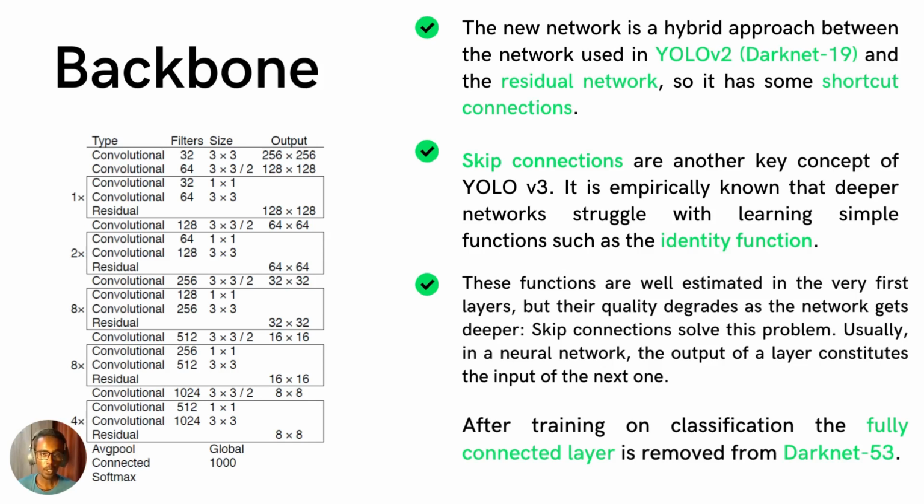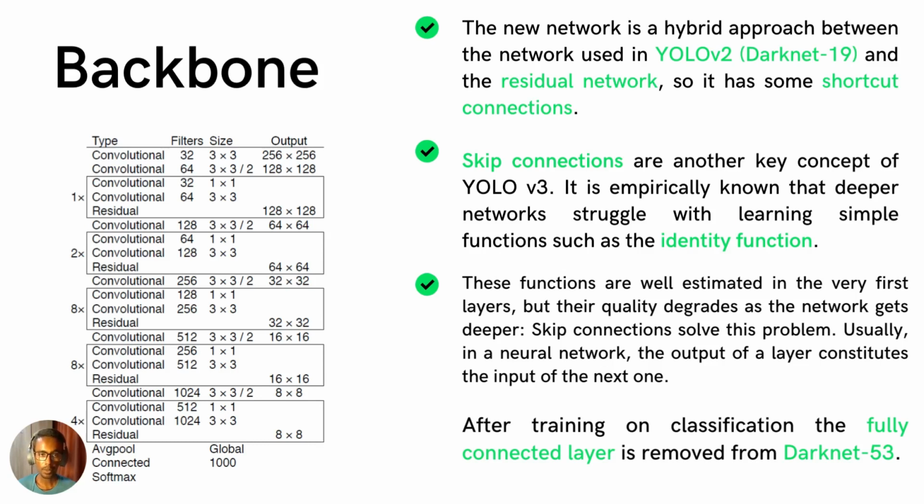It is empirically known that deeper networks struggle with learning simple functions such as the identity function. These functions are well estimated in the very first layers, but their quality degrades as the network gets deeper and deeper. Skip connections solve this problem. Usually in a neural network, the output of a layer constitutes the input of the next one.